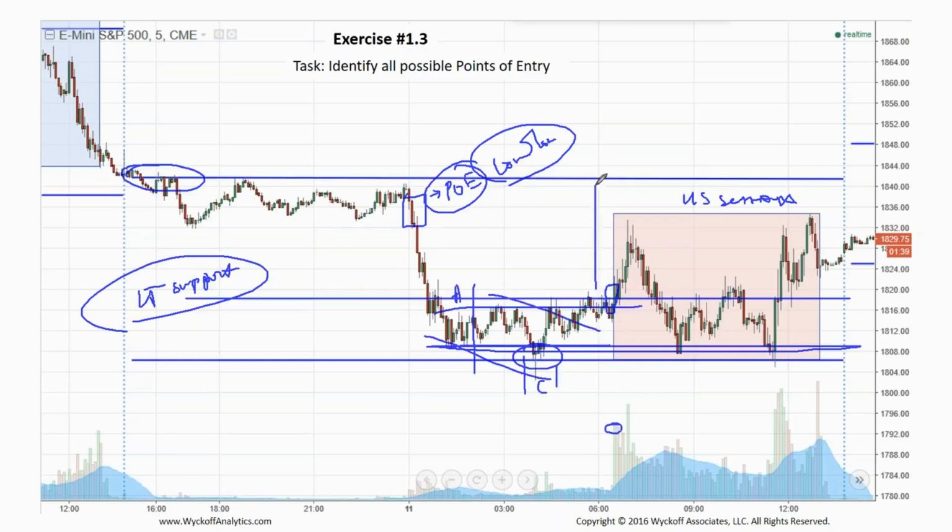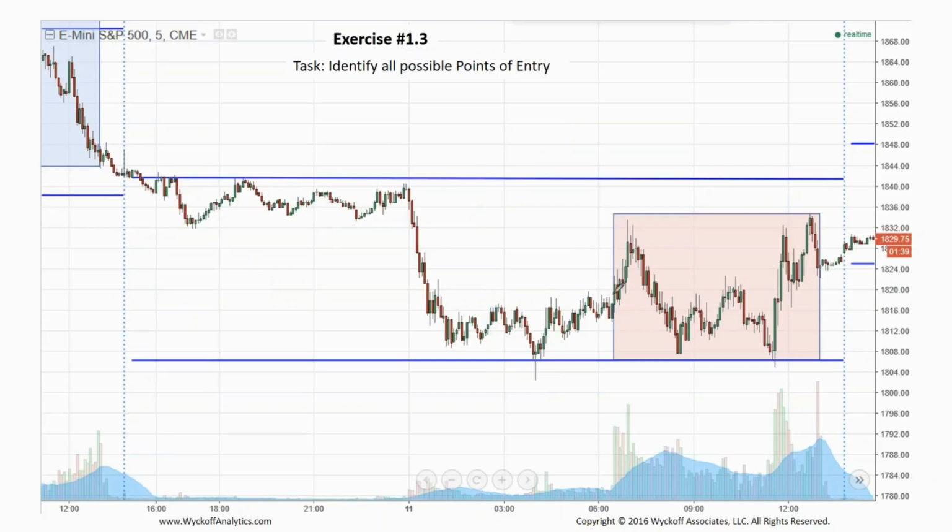And we have relatively enough target movement to 1840 here from 1820. So that's 20 points. We definitely can participate in that. Enough room for that. And we would be getting in probably somewhere in this area right here. So that would be a really quick trade.